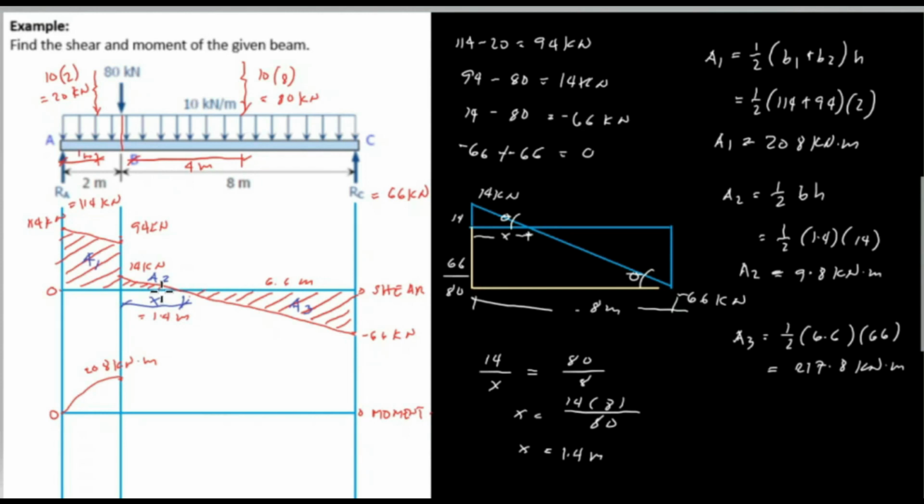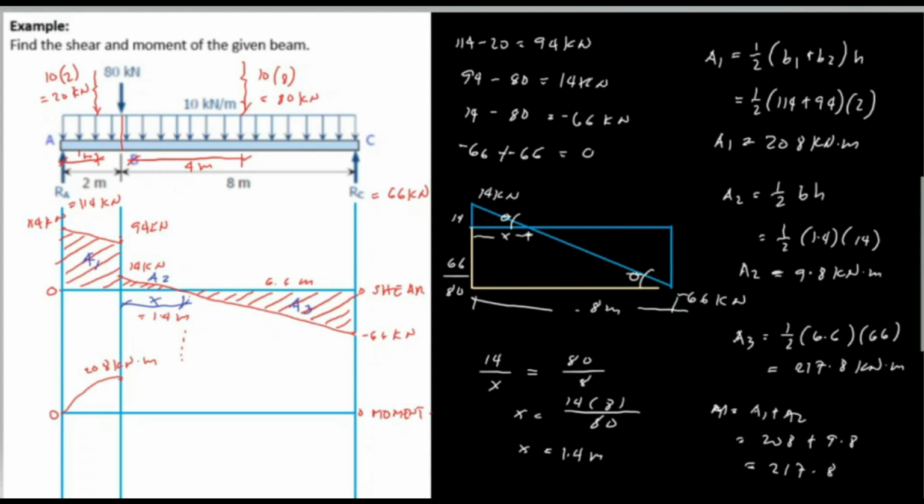Area 2 is positive, which is 9.8 kilonewton meter. So we add area 1 plus area 2 to find the moment at this point, which is 208 plus 9.8, or equivalent to 217.8.